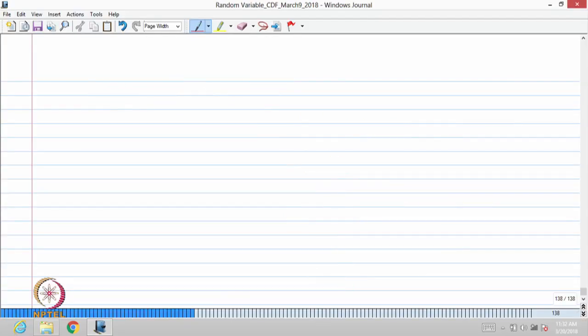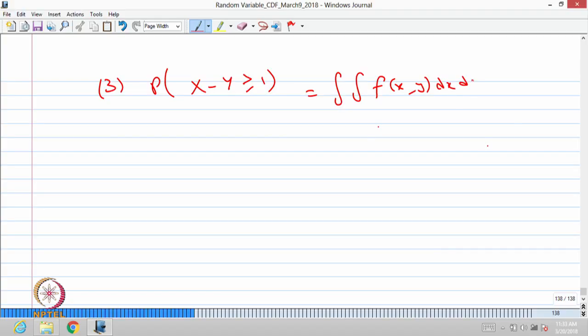The third problem, the probability of x minus y greater than or equal to 1. Again the same concept, that is a double integration of the joint probability density function with respect to x and y over x minus y greater than or equal to 1.